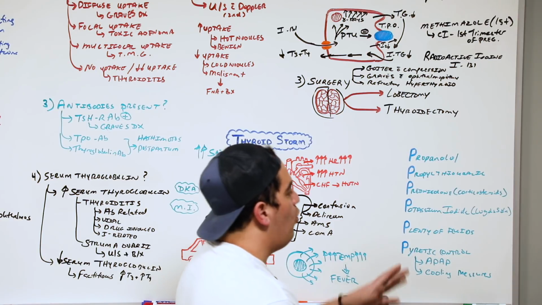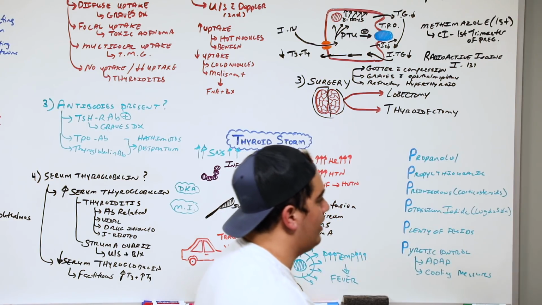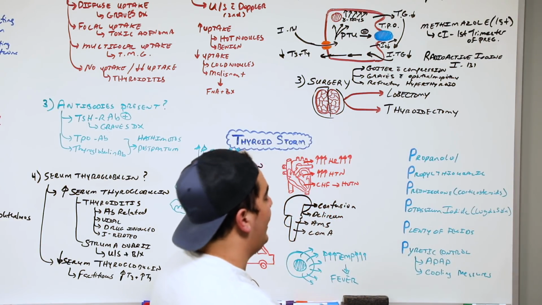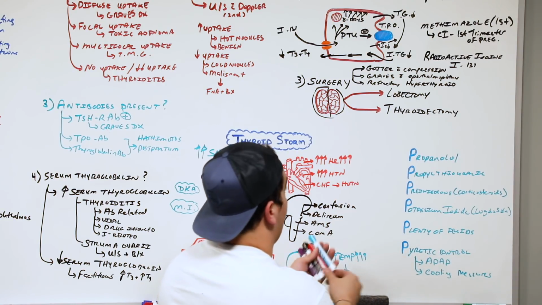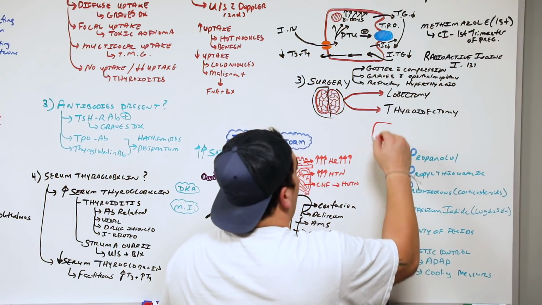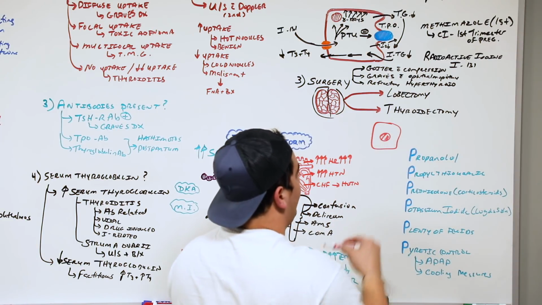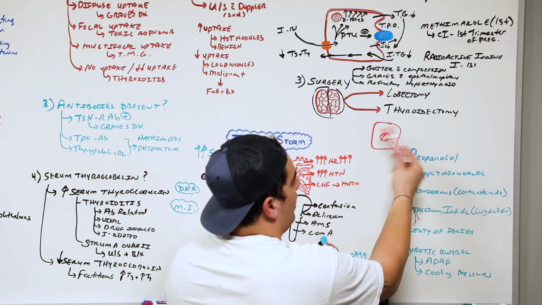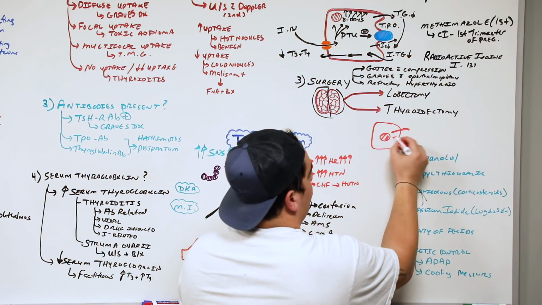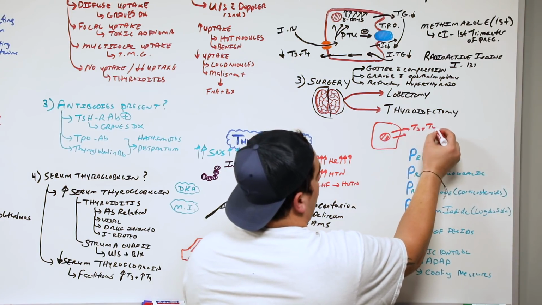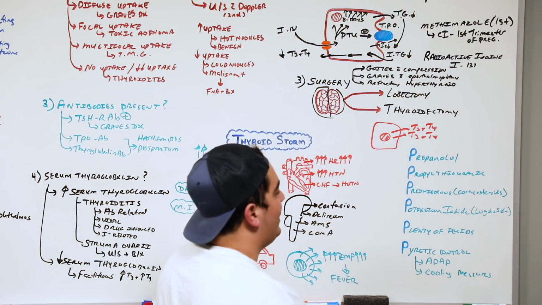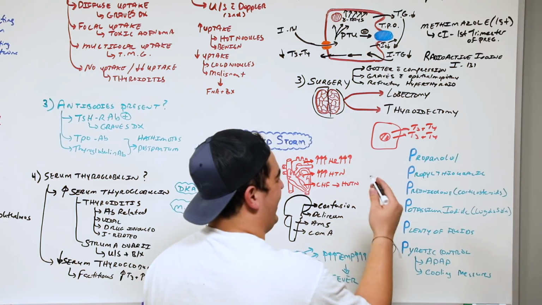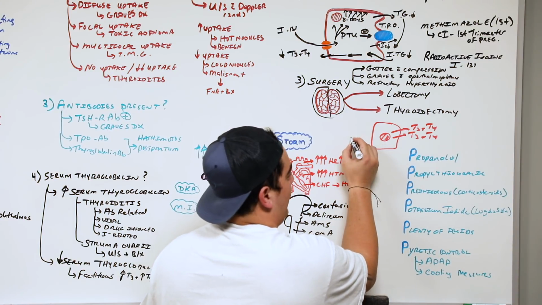Now, I wanted to take a quick second to talk about this potassium iodide. The only reason I need to is because it's high yield on your exams. What happens is if you take, for example, that follicular cell that's producing lots of thyroid hormone, right? What you can do, and this may sound confusing in a little bit, but watch what happens.